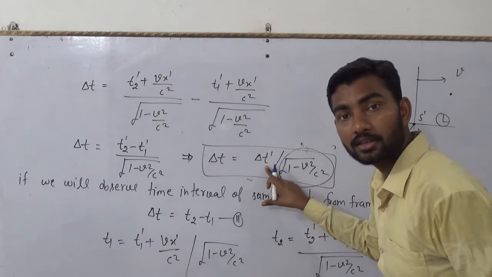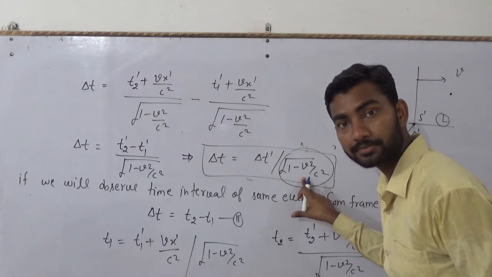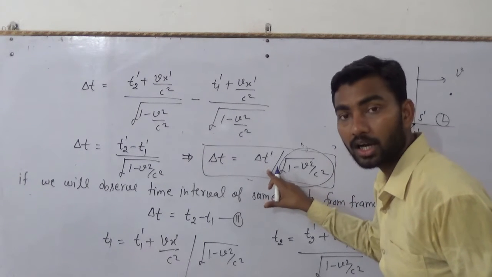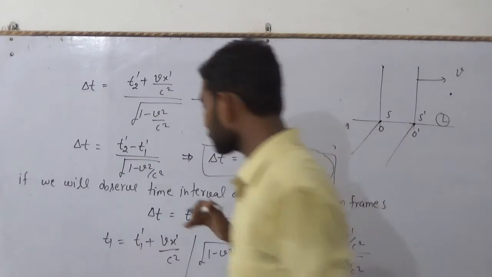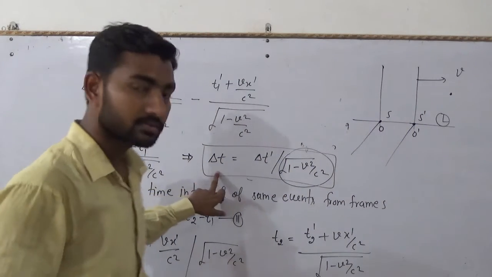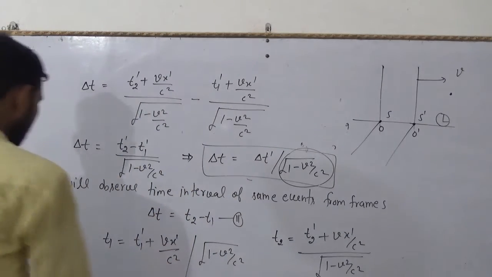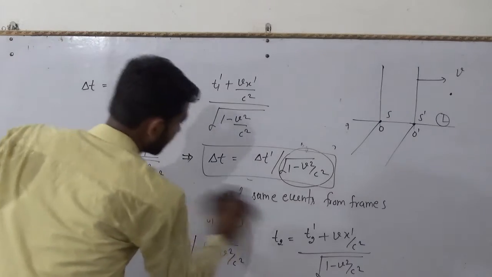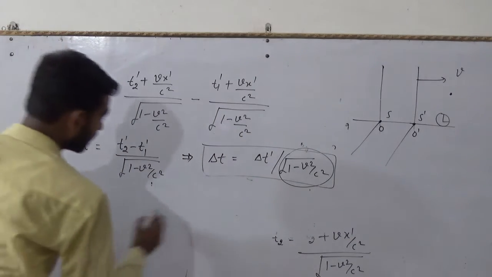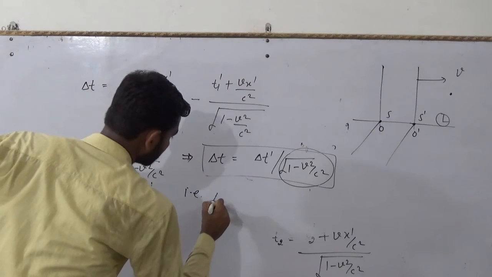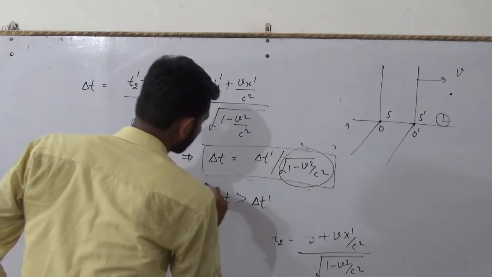Del T dash is divided by that term which is presented here, so del T will always be greater than del T dash. From this equation it is obvious that del T is greater than del T dash.